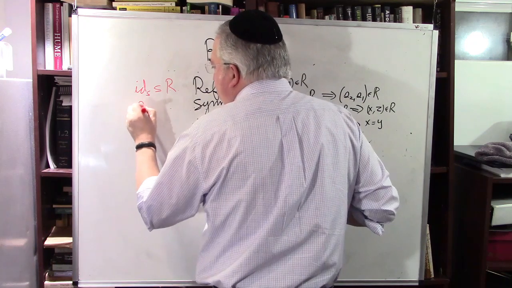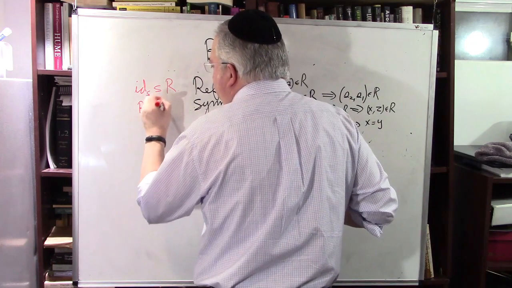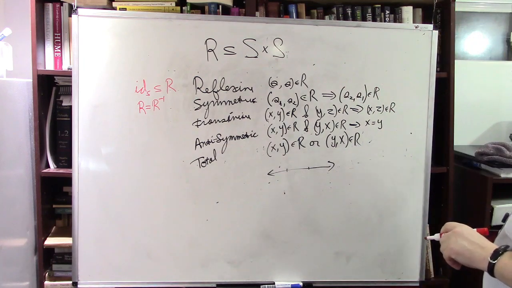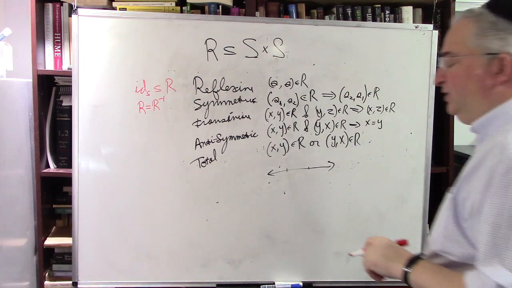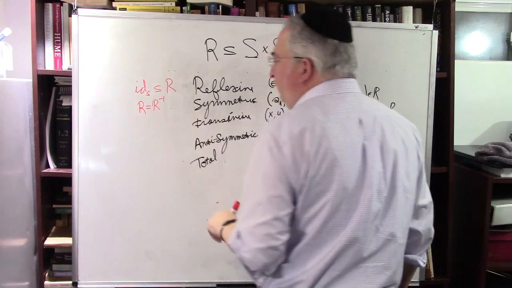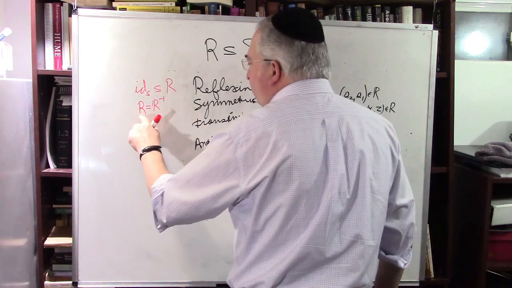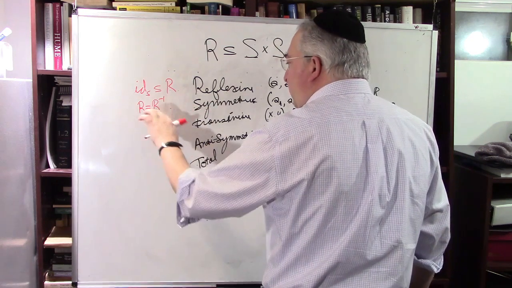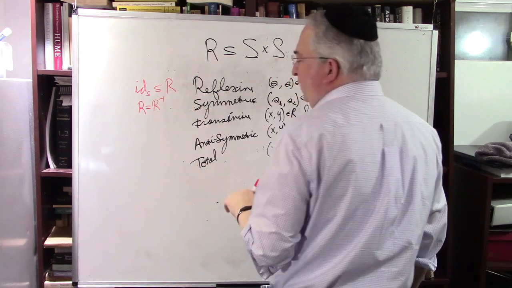Well, we had this other relation called R inverse, and R is equal to R inverse. In other words, if two things are related, then their opposite is also related.